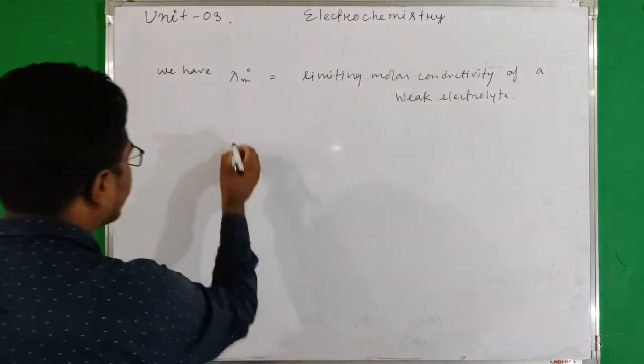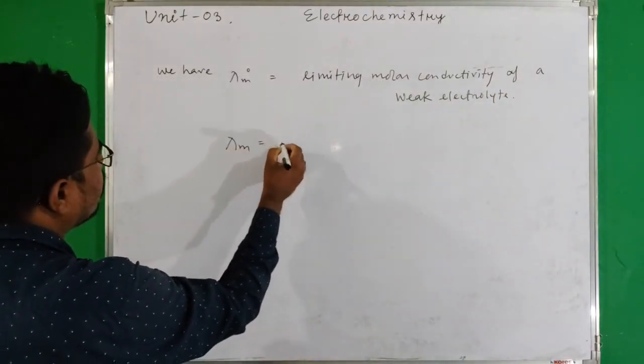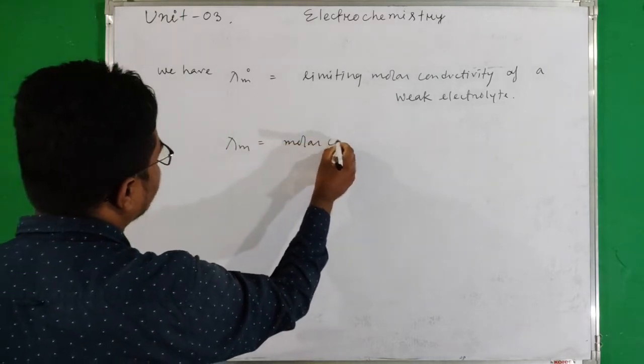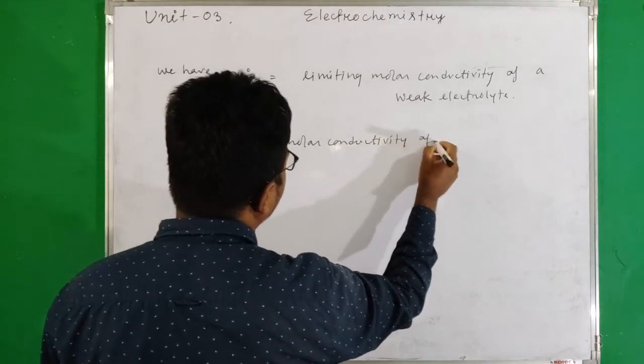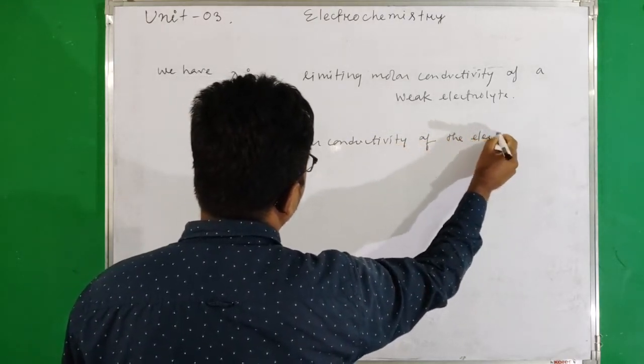Okay, then again we have lambda m, that means molar conductivity of the electrolyte.